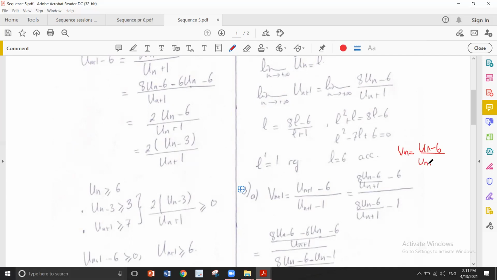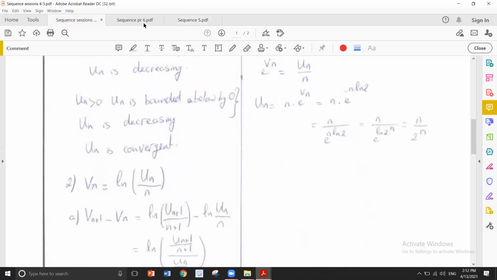For Vn plus 1, we replace n by n plus 1. So we get Un plus 1 minus 6 over Un plus 1 minus 1. واضح كيف جبنا هيدا؟ بس حطيت محل n، n plus 1.